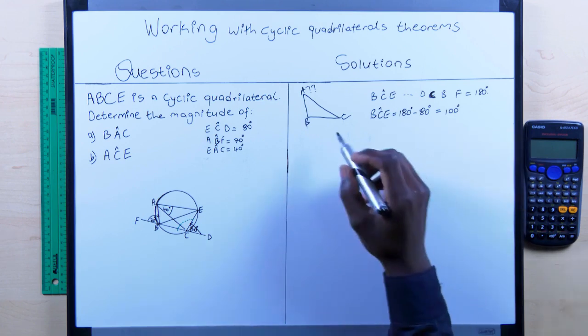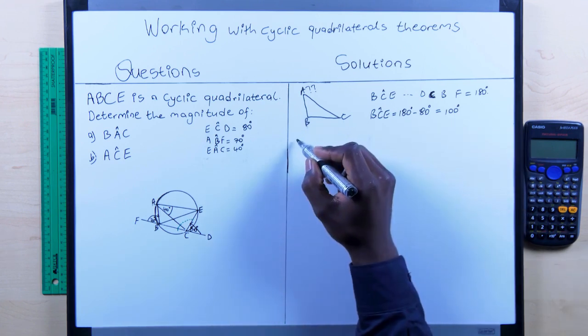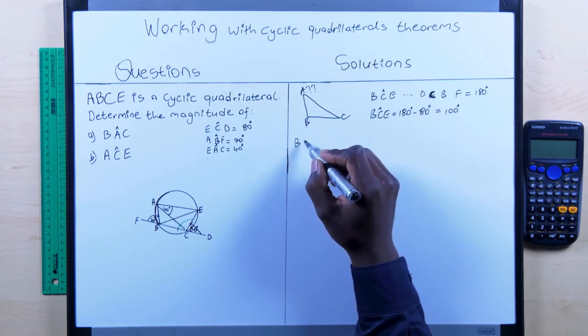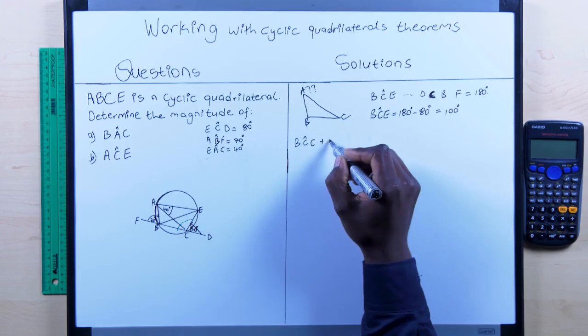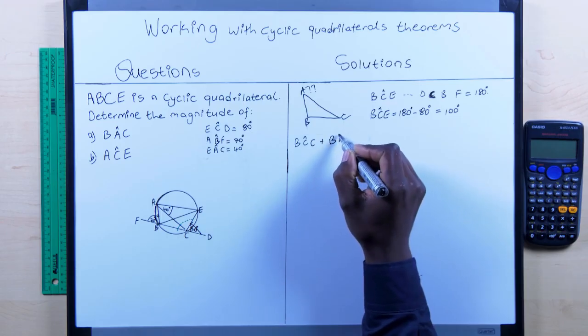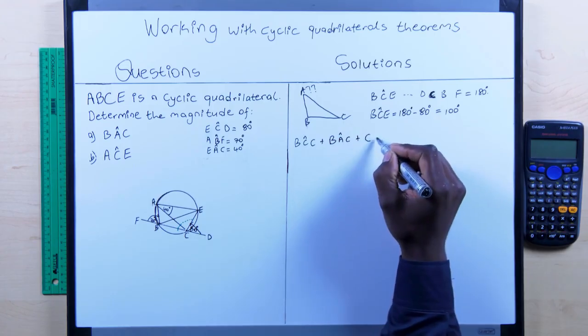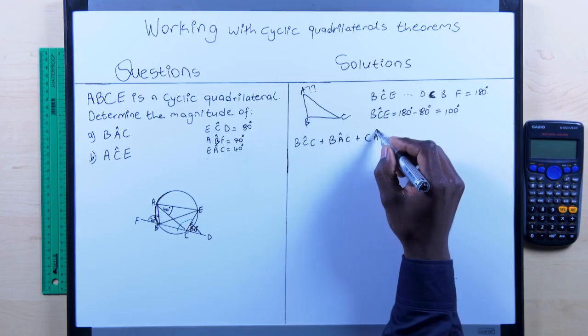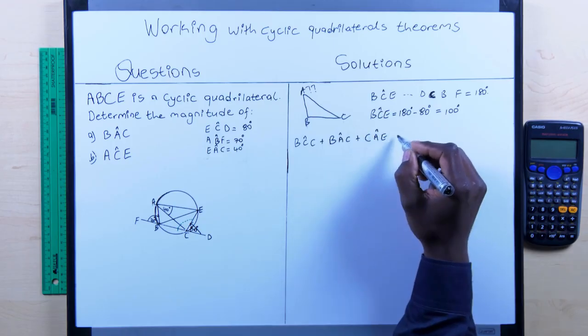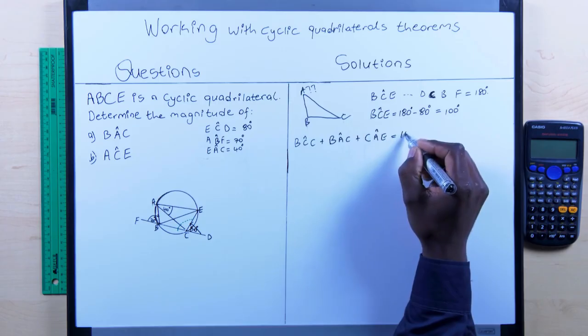We got that. Now, we also have to understand that angle C plus angle A of a different triangle should be equal to 180 degrees.